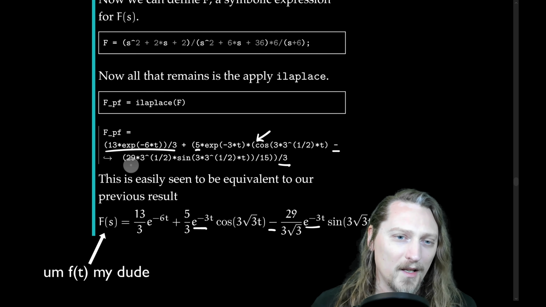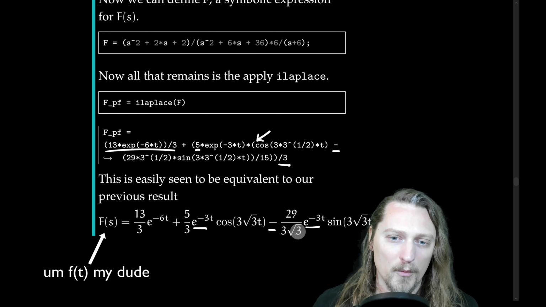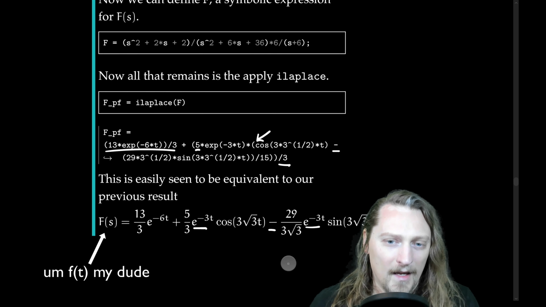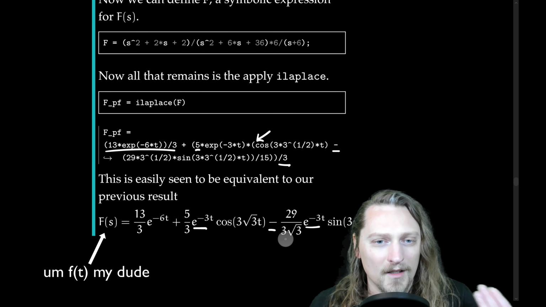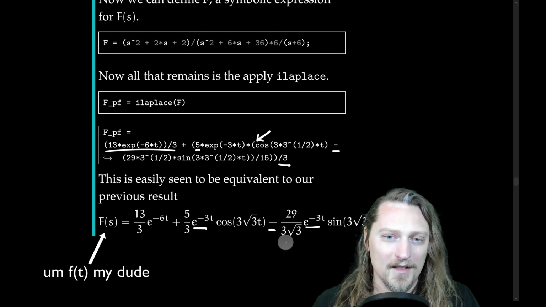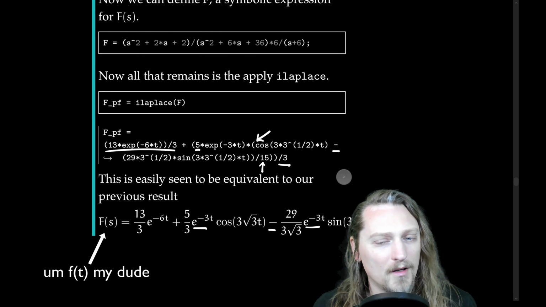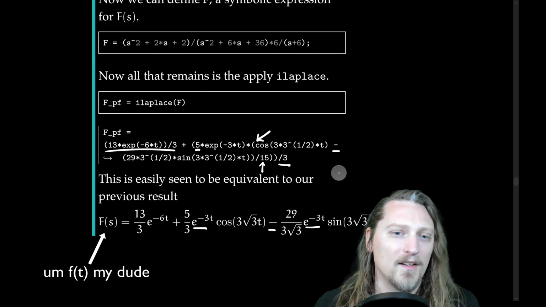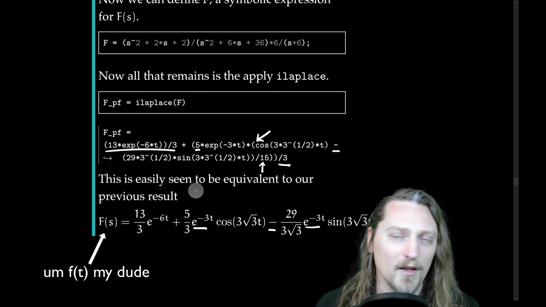We have 29 times the square root of 3 here, whereas we have 29 over 3 root 3. And we are then going to factor out 5/3, so we have to multiply by 3/5. The 3's cancel. The 5 is also an issue. Oh, yeah, there's a 15 here. So in the end, it does work. It's just a little bit harder to see that for the sine coefficient.